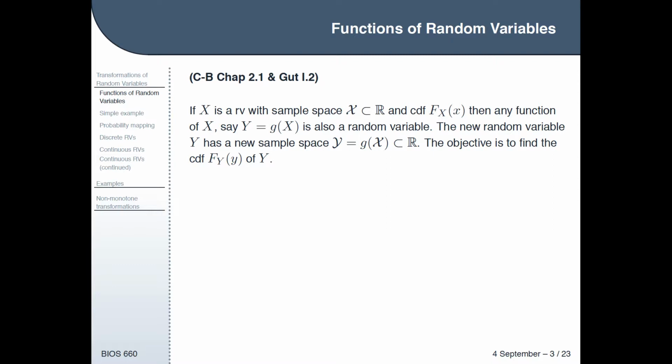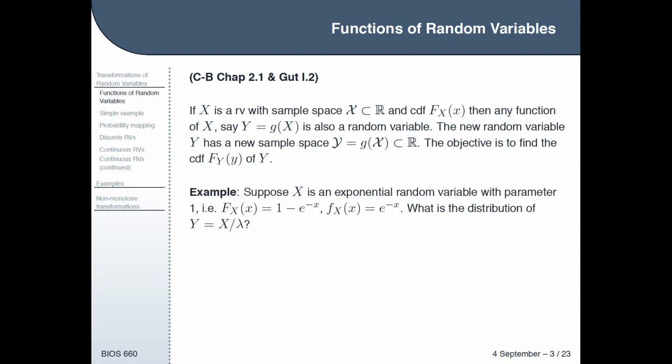Basically, most of today's lecture is going to focus on how we find the CDF of this new random variable that's a function of the previous one. So, simple example, let's say we have an exponential random variable that I described briefly in the previous lecture, and that has cumulative distribution function 1 minus e to the minus x, and density function e to the minus x.